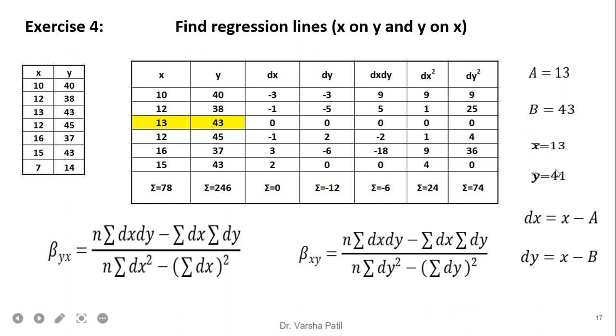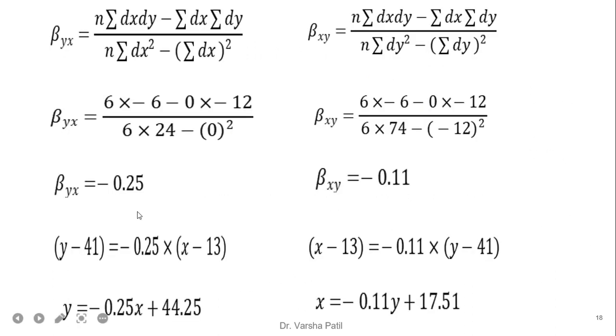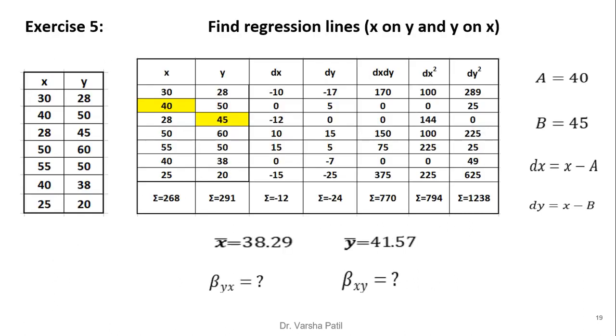A similar way is applied, only we need to deal with dx and dy, and in this way we solve the problem. We just need to put the values into the slope-intercept form equation. Now this is exercise 5, and I have solved part of the problem, and the remaining you try at your end.